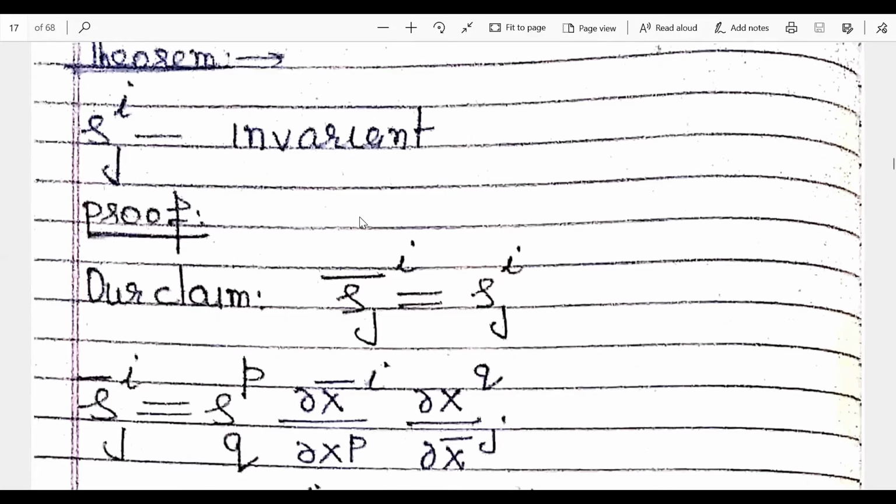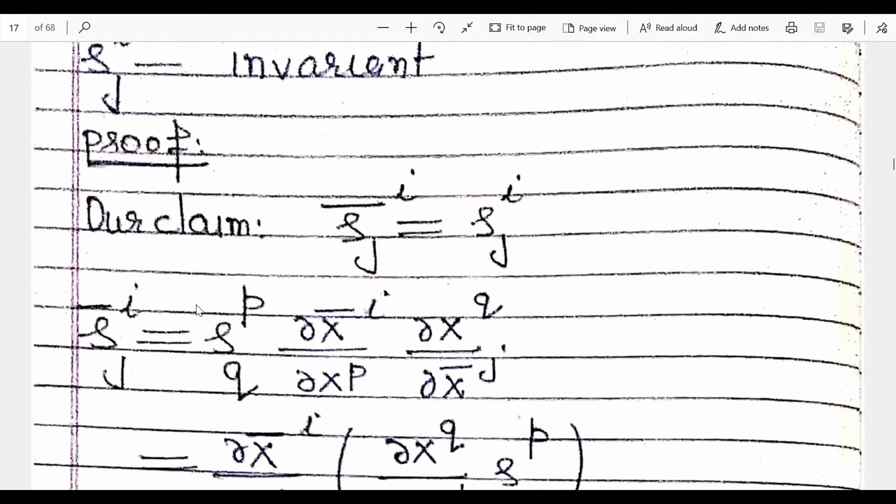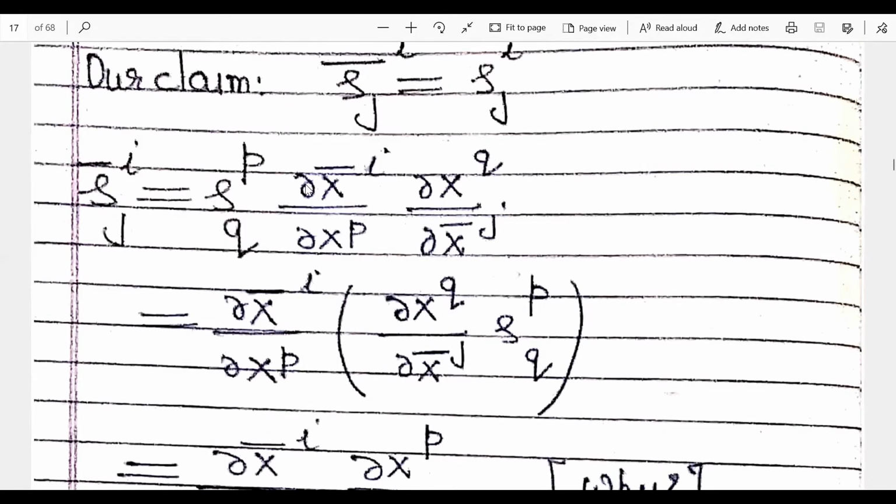Next theorem: delta ij is invariant. So what is our claim? The barred and unbarred should be the same. Now by definition, this can be written as delta bar ij, which is equal to delta pq, ∂x̄^i/∂x^p and ∂x^q/∂x̄^j. Now take this term with this term.